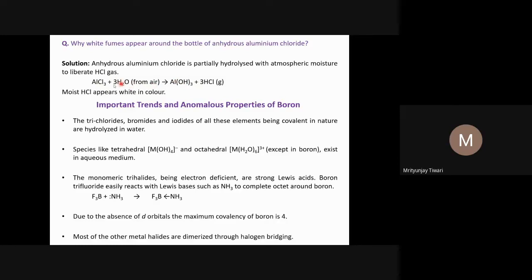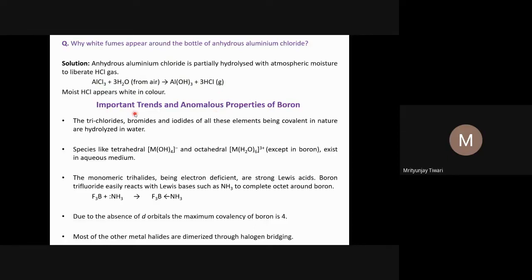If the water is in enough amount, AlOH4 minus can also be formed. But the air water is not in very high amount, so this Al(OH)3 is formed, and this Al(OH)3 is white in color, and thus white fumes appear around the bottle of anhydrous aluminum chloride.